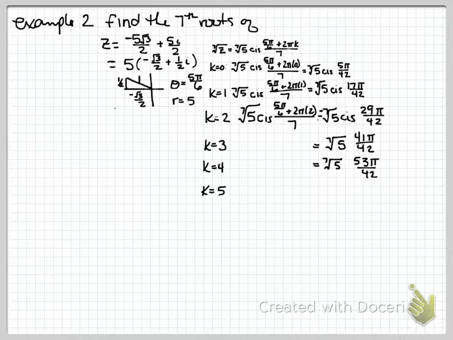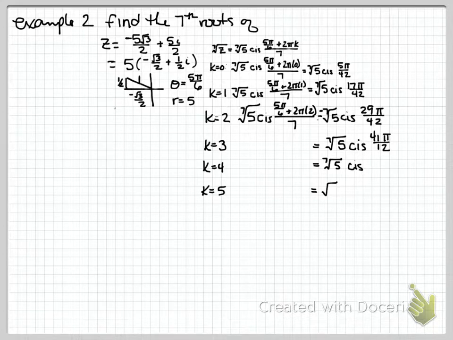K equals 5, 7th root, sorry about that, I forgot to write the CIS on these two. Don't forget that. Sorry about that. Let me erase those and start again.